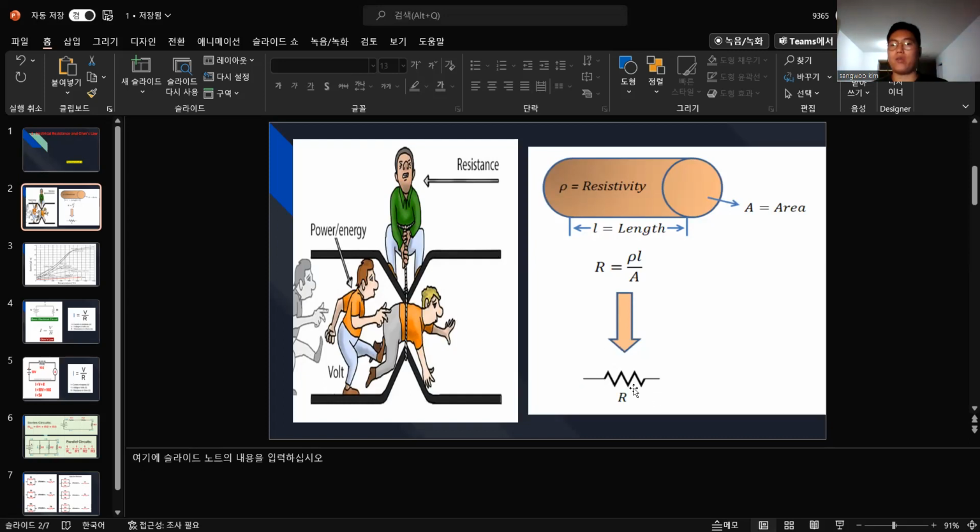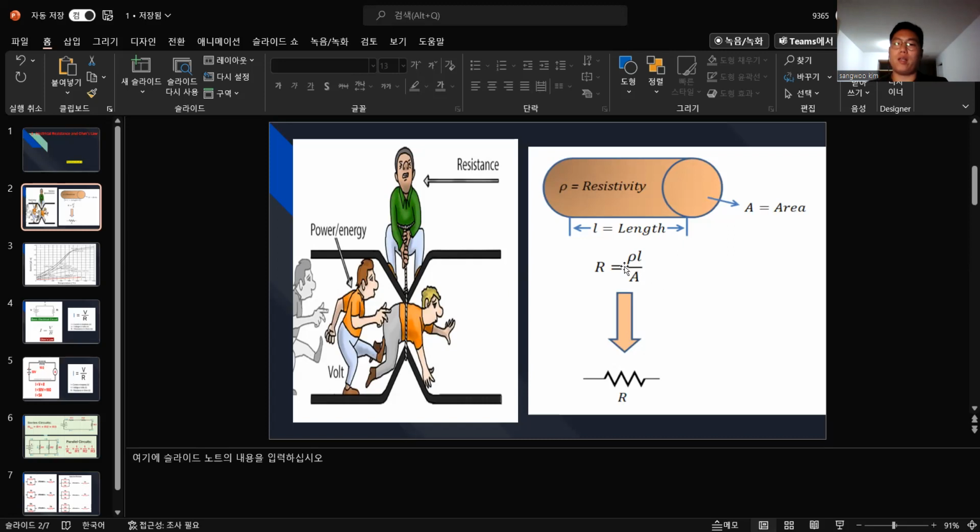Okay, in the circuit you can see this is a resistor, and look at that. Here's area and length, right? Here P is just the resistivity. Each material has its own resistivity, right? We generally use copper or aluminum for cables.